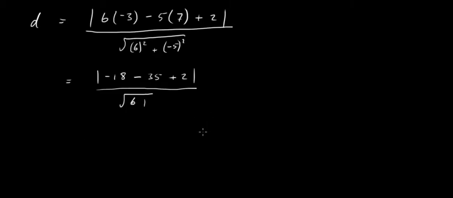Okay, so let's do that. On the top line we end up with the modulus of -33 divided by the square root of 61. The reason we have this modulus symbol, or absolute value symbol, here is because you can't have a negative distance. It has to be positive anyway, so this will make everything positive.